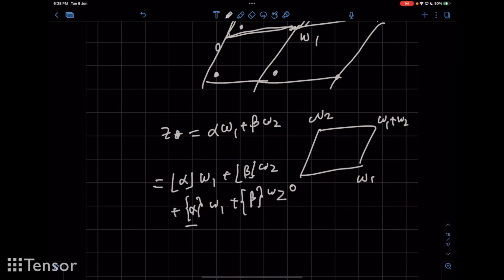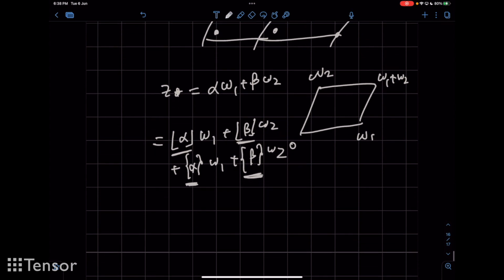So basically the floor of alpha plus the fractional value of alpha is equal to alpha. These fractional parts are in the interval 0 to 1, and the floors of alpha and beta are integers.